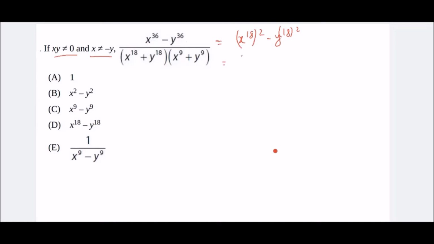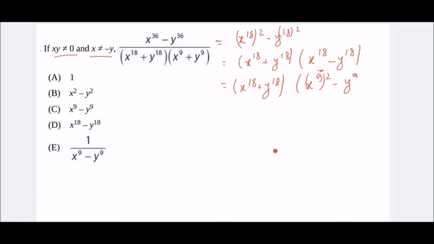That will be (a plus b) and (a minus b): (x power 18 plus y power 18) times (x power 18 minus y power 18). So again it is in negative form, so we can make it a square minus b square form again. So analyze it: (x power 9) whole square minus (y power 9) whole square.